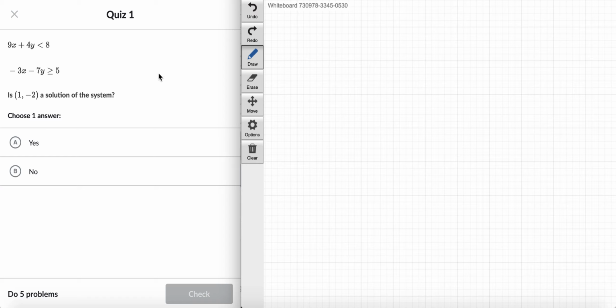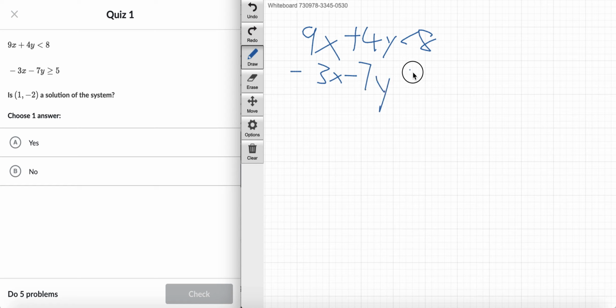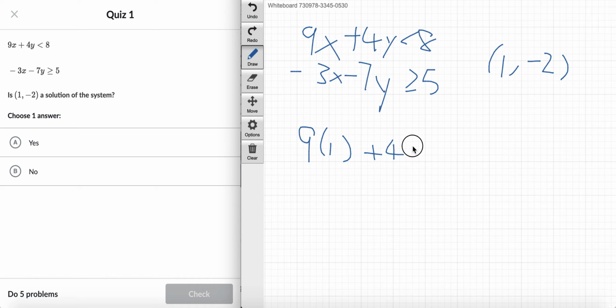Alright, is the given point a solution of the system above? Let me copy that down first. And we're asking this, so we will basically plug the number in. 9 plus 4 multiplied by -2, is that smaller than 8?